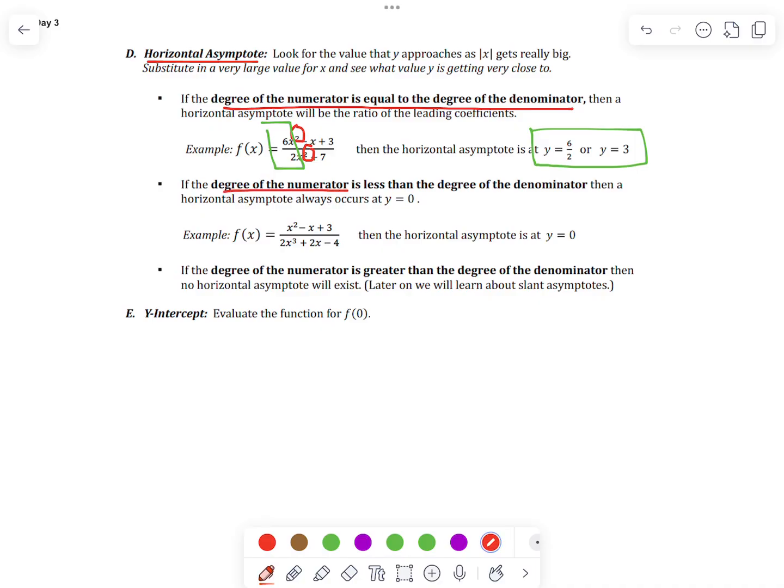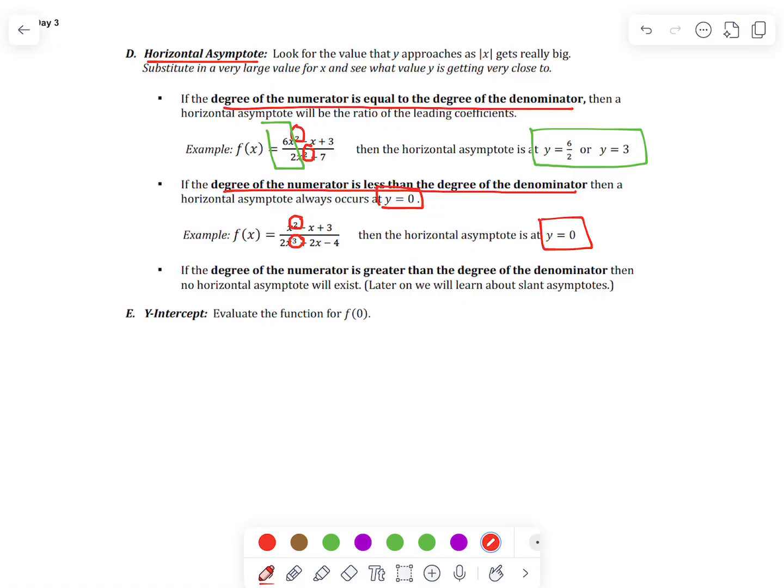If the degree of the numerator is less than the degree of the denominator, then you'll have an asymptote at y equals 0. Here the degree of the numerator is 2 and the denominator is 3. So the numerator is smaller than the denominator, so you have it at y equals 0.